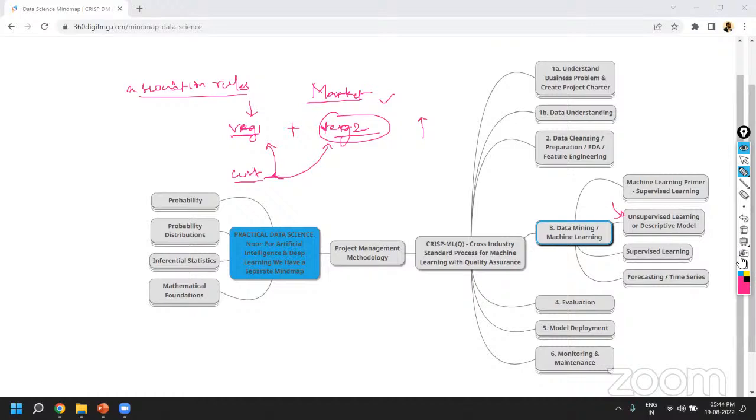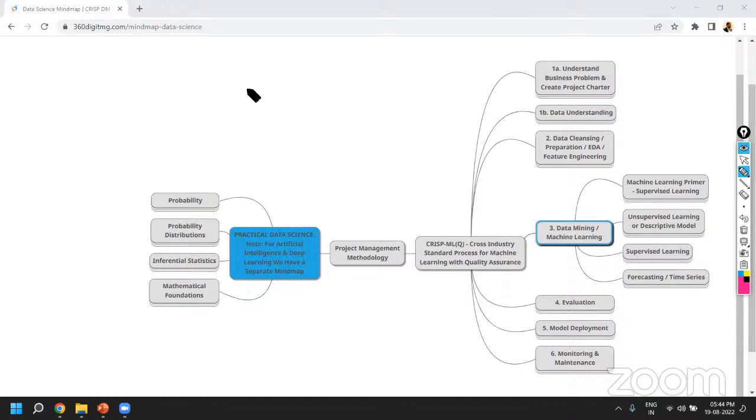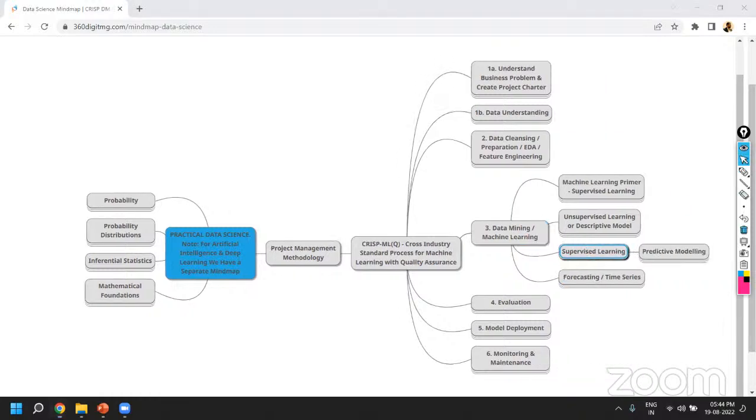Okay, we may try and strategize some solutions from analyzing all these opportunities. Then comes the supervised learning technique. This is where we do predictive analytics. Predictive modeling comes into the picture. In short, we are trying to develop a mathematical expression like this.